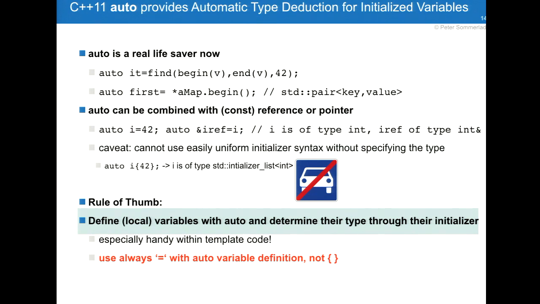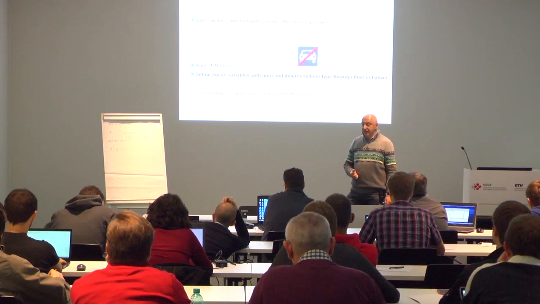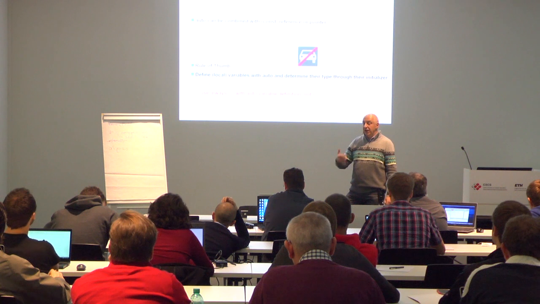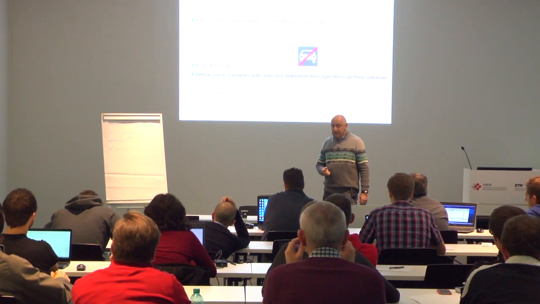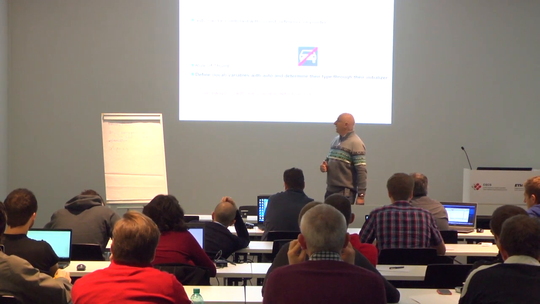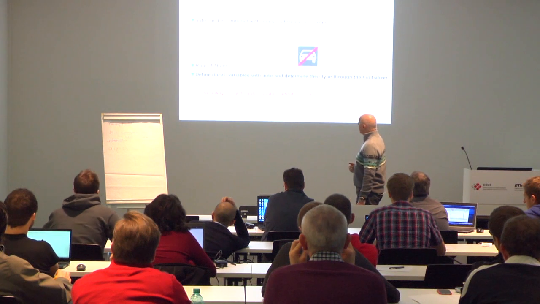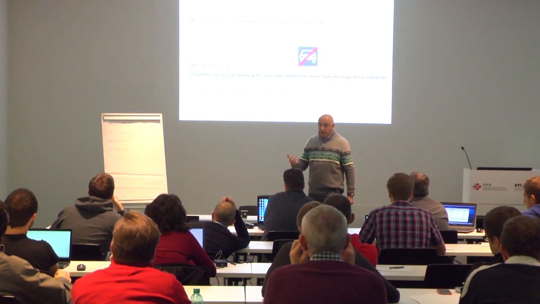We could use it to have, let's say, complicated value types like a std::map, which uses a std::pair of key and value, and spelling that out is quite tedious, and auto is a lifesaver there, assuming the map is not empty. We can use auto reference to keep references around.